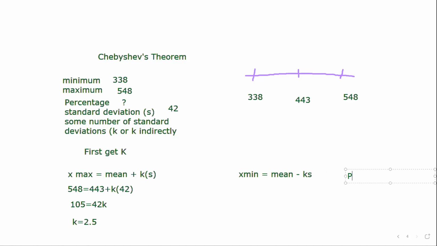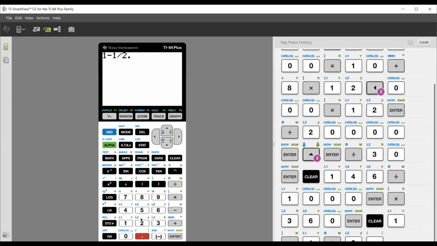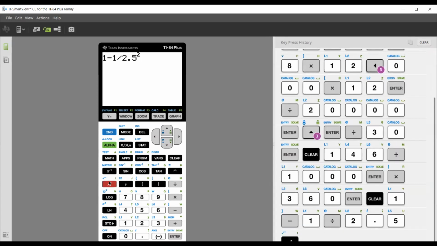So if I look at this here, I'm going to say that this is equal to 1 minus 1 over, and be a little bit careful, this is 2.5, and I'm going to square the 2.5.